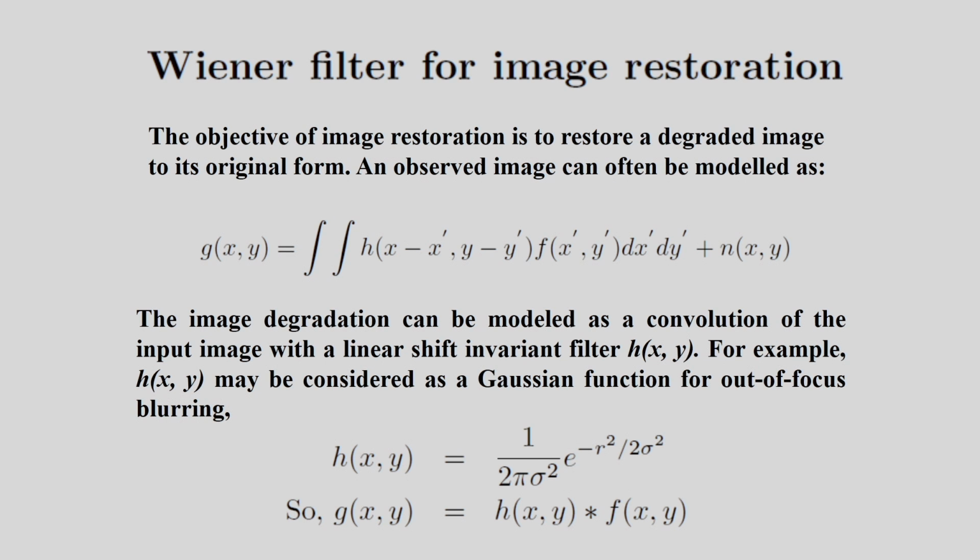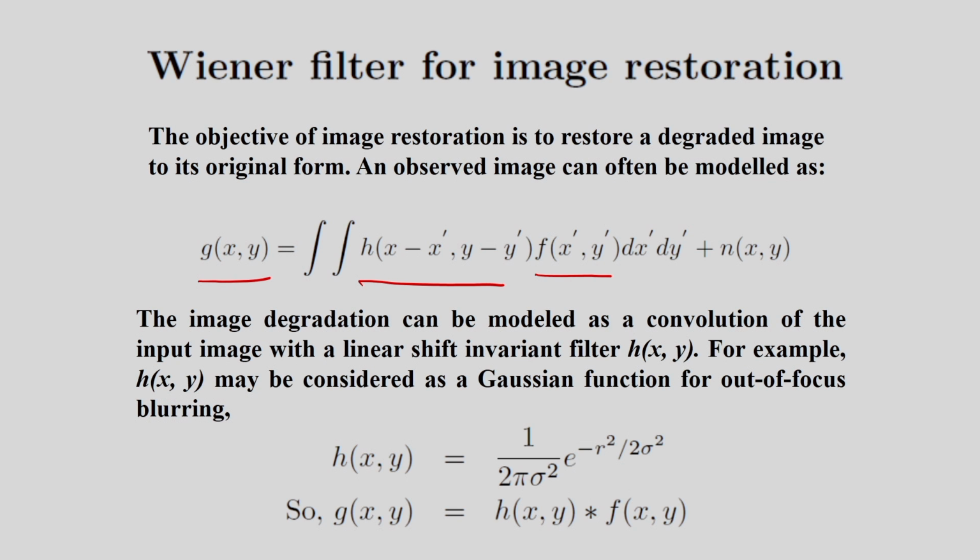And in this case I am showing one example. An observed image can be modeled as, so g(x,y) is the observed image, and I am considering the image is f(x',y'), and in this case h is nothing but the point spread function, the PSF of the imaging system, and n is the additive noise.